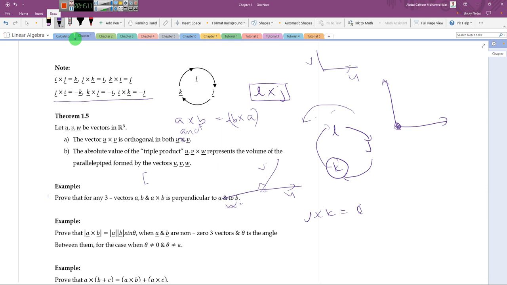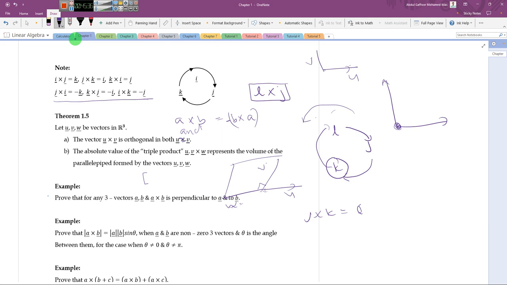So the angle between these two vectors is equal to 0, cos 0. Now the norm of i is equal to 1, since that is a unit vector, into 1, and cos 0 is equal to again 1. So i dot i is equal to 1. But i dot j is equal to 0. The same thing you can do for j also.